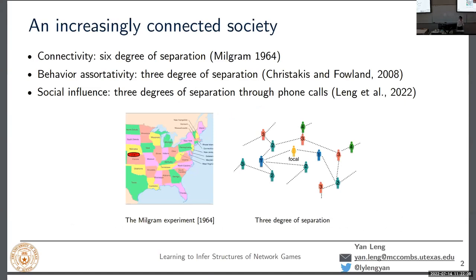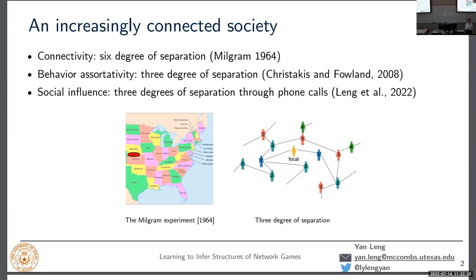Okay, cool. A little bit of background in terms of the connectivity of social networks. You might have heard about the six degrees of separation, which was an experiment done by a sociologist in 1960, where he asked an individual in Nebraska to send a letter to a random individual that he doesn't really know in a small town outside of Boston.